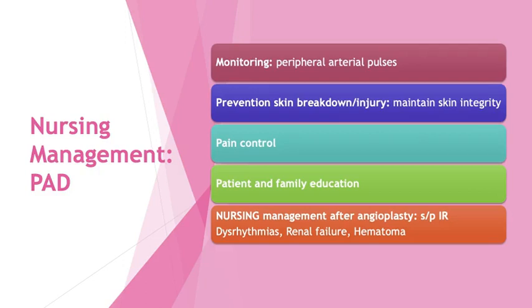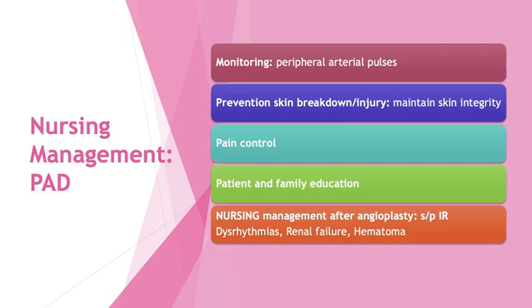These patients need good pain control because this is ischemic limb-threatening pain. We need to give the patient and family education about what we're doing. We also need to, after they have an angioplasty, which is a balloon, or they have a stent, they are still at risk for the same things that they would be from a cardiac procedure.